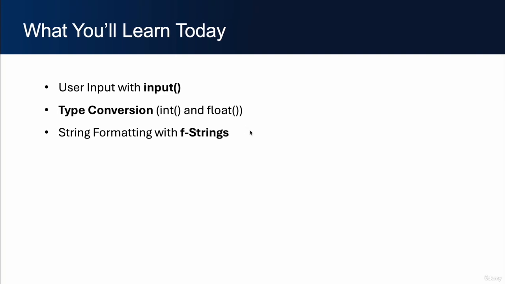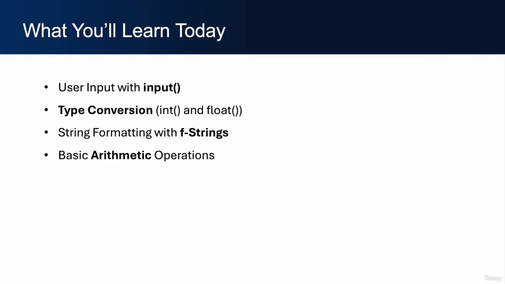Next, let's look at some basic arithmetic operations. In this section, we'll look at the different arithmetic operations that Python supports, which are addition, subtraction, multiplication, division, then floor division, and then modulus and exponentiation. Addition is adding two numbers, subtraction is subtracting, multiplication is multiplying, and division is division, which you're probably already familiar with.